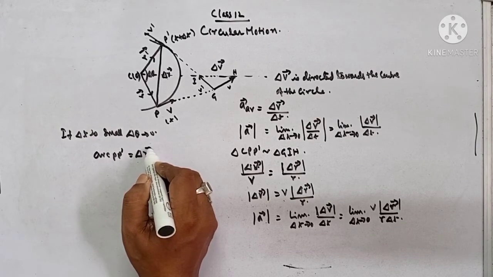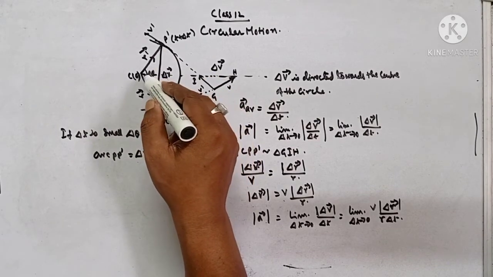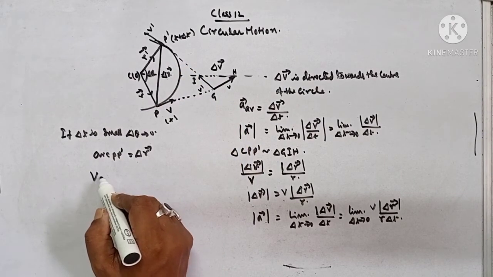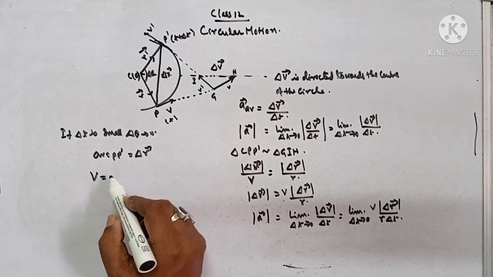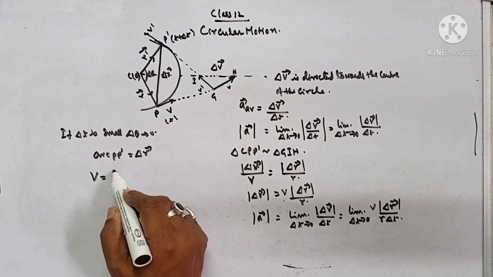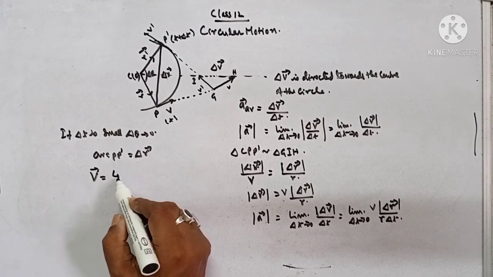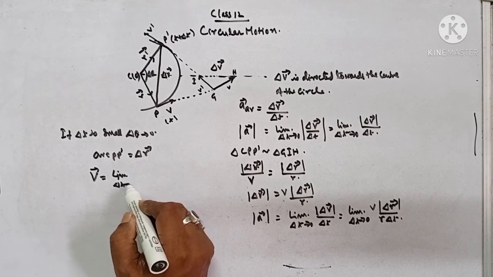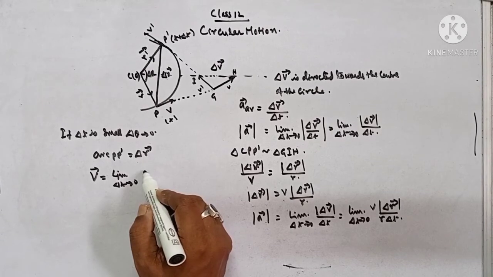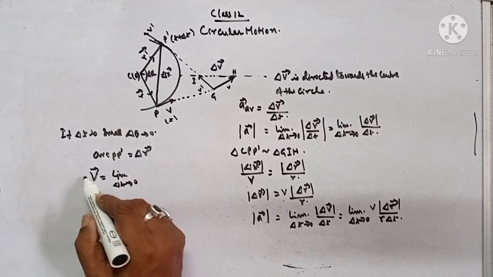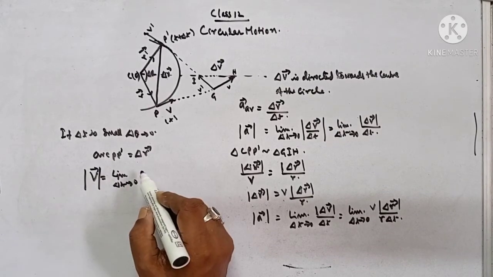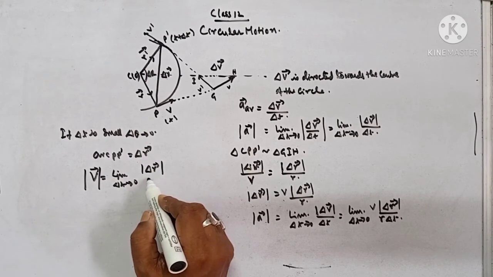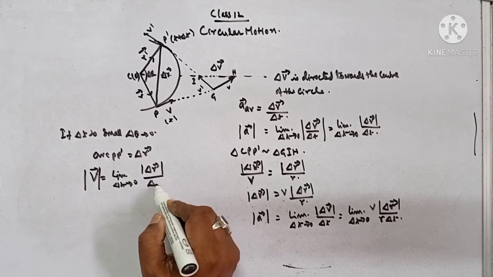This is very small, so your velocity will be the limit as delta t tends to 0 of the magnitude of delta r by delta t. This will be your velocity.